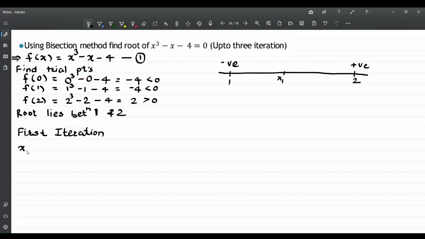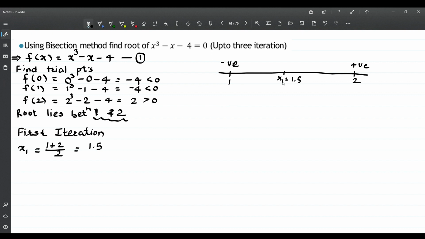X1 is equal to, trial points are this one, 1 plus 2 divided by 2. 1 plus 2 is 3 divided by 2 is 1.5. This is our first iteration, that is x1 is 1.5.